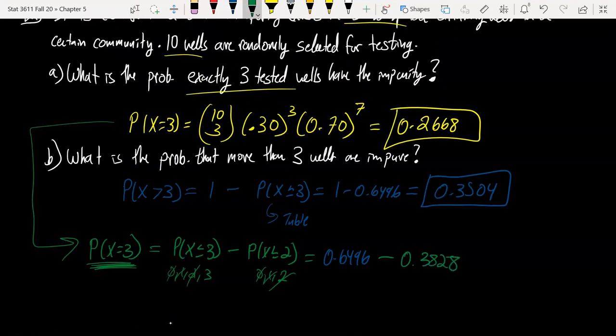And we do the arithmetic there. Sure enough, we're going to get 0.2668, same as we had there. All right, so you can do those binomial probabilities in 2 ways, strictly using the table. Something to be aware of, kind of a nice, neat little trick that might be useful.